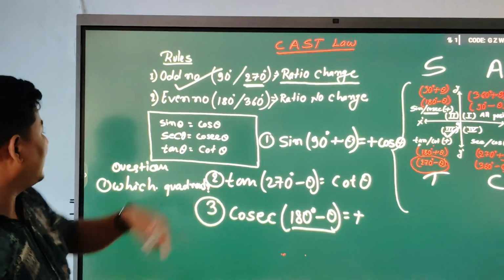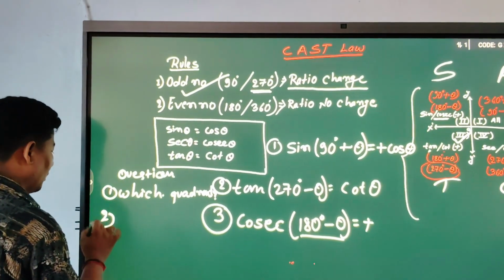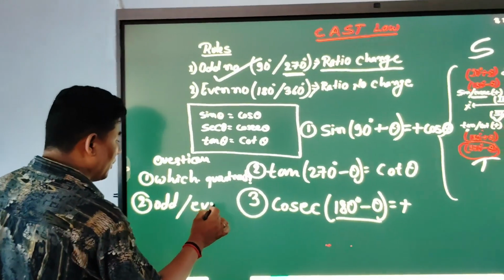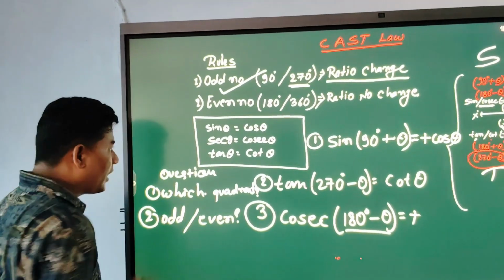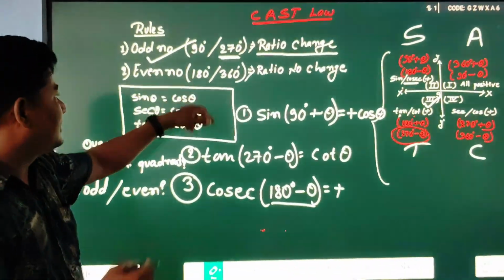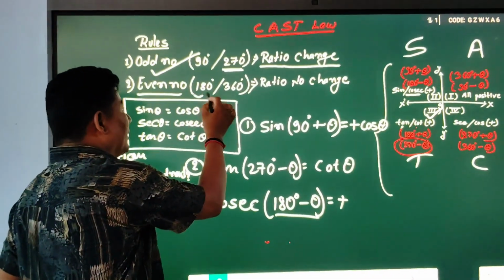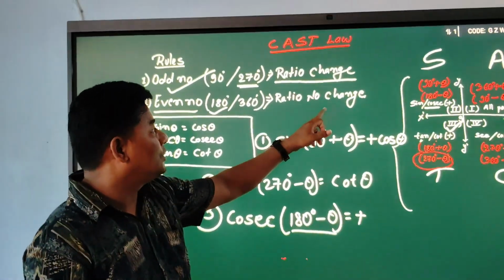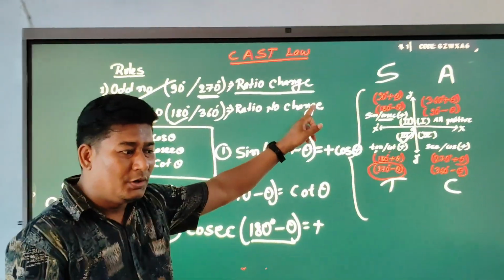Now the second question is odd or even. What is this 180 degree? Odd or even number? It is an even number, and for an even number the ratio has no change.